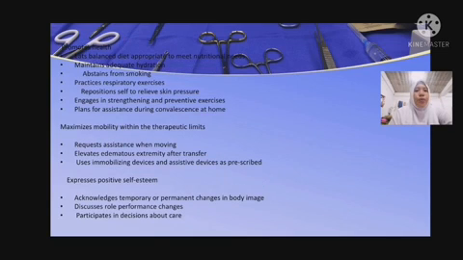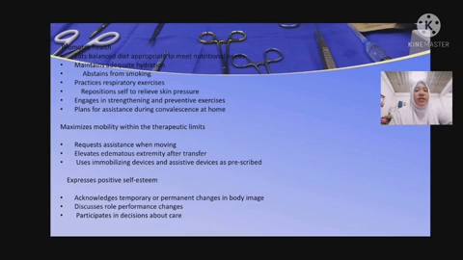For promoting health: eats a balanced diet appropriate to meet nutritional needs, maintains adequate hydration, abstains from smoking, practices respiratory exercises, repositions self to relieve skin pressure, engages in strengthening and preventive exercises, plans for assistance during convalescence at home.